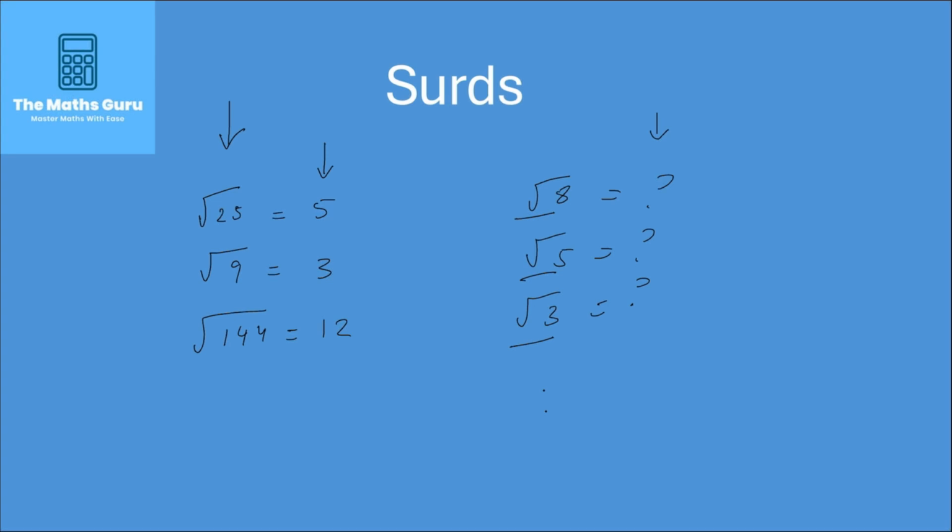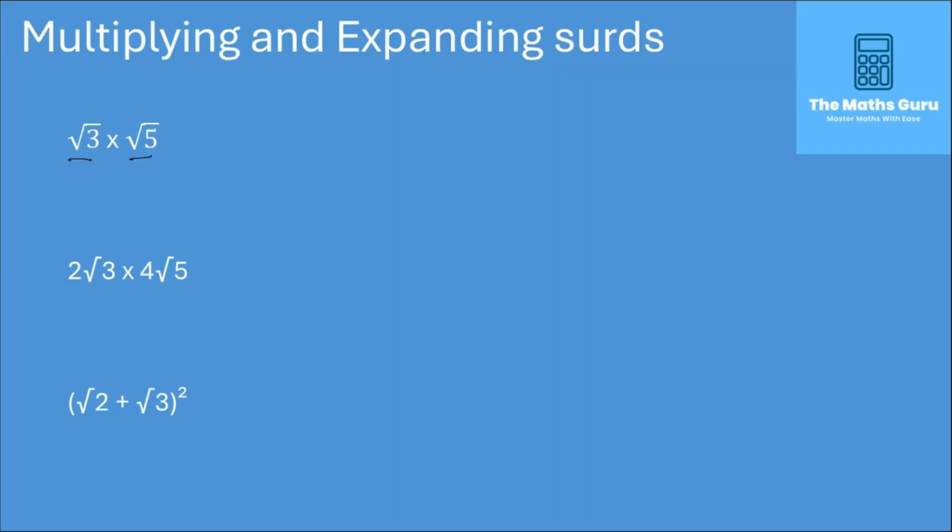So let's look at some calculations that we do when dealing with surds. So we have two surds, root A and root B. A general form for root A times by root B will be root A times B. So what we do, we open up a big square root function and apply a multiplication between the two numbers in either square root.